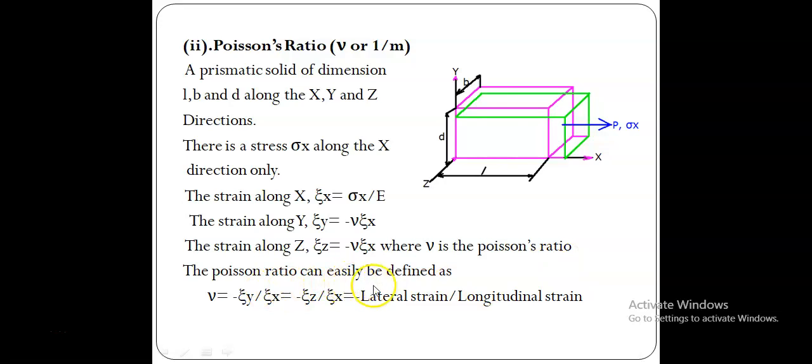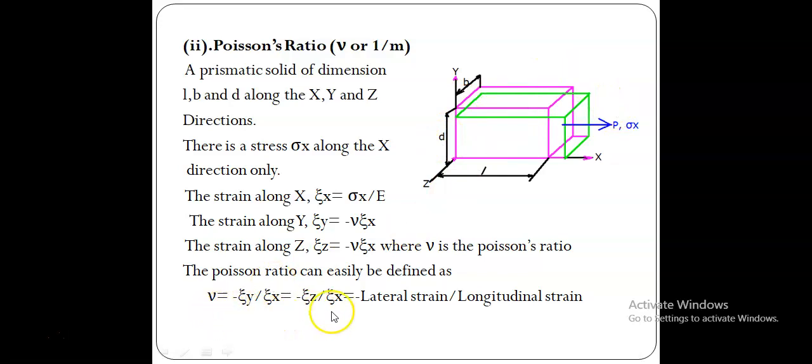So the Poisson ratio can easily be defined as nu is equal to minus epsilon y divided by epsilon x, or equal to minus epsilon z divided by epsilon x, which is equal to minus lateral strain divided by longitudinal strain. The minus sign means that because of the uniaxial linear strain, the strain that occurs laterally is opposite to the linear strain.